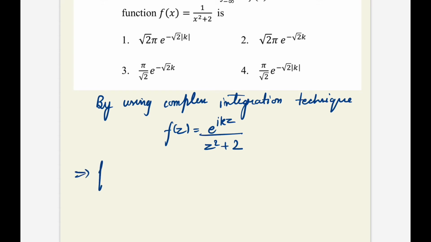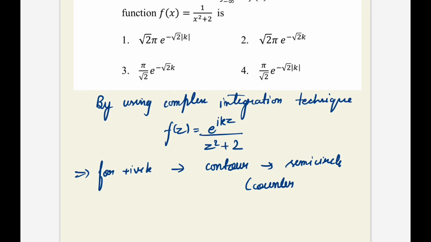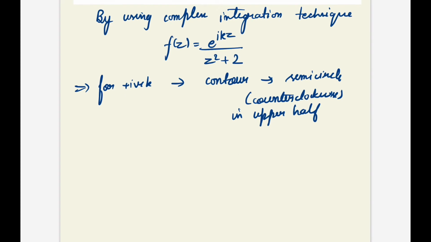So for positive k, the contour is taken to be a semicircle in the counterclockwise, that is anti-clockwise, direction in the upper half. So this is the diagram.